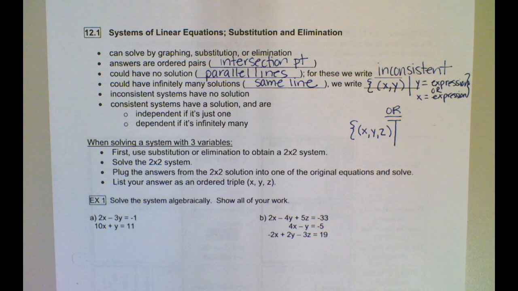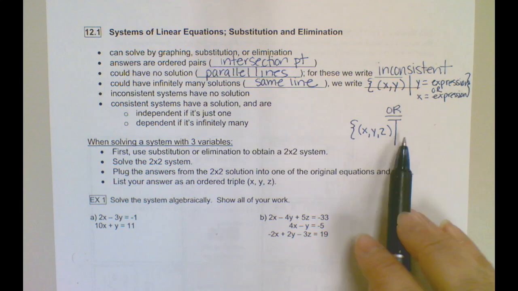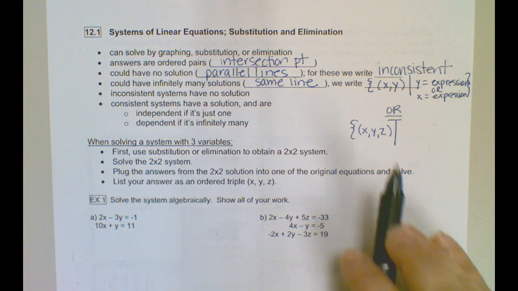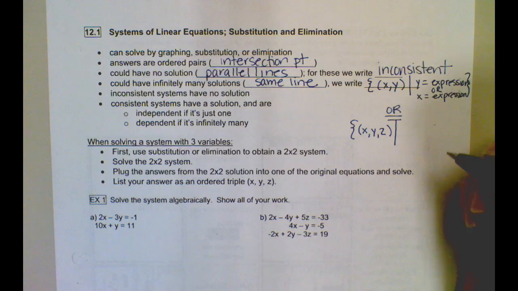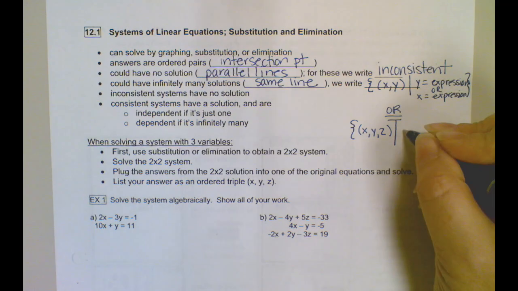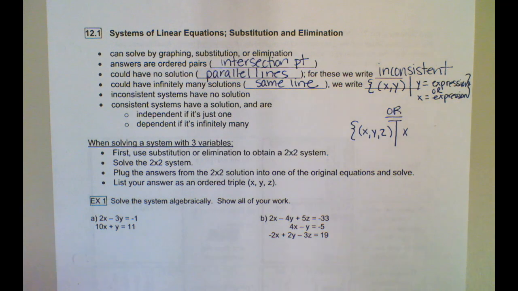So your infinitely many solution answer might look different than someone else's and still be right. But the key is that you have one of your three variables, x, y, or z, that is just itself. So let's just say, for the sake of ease, that x is going to be the one that is just itself.